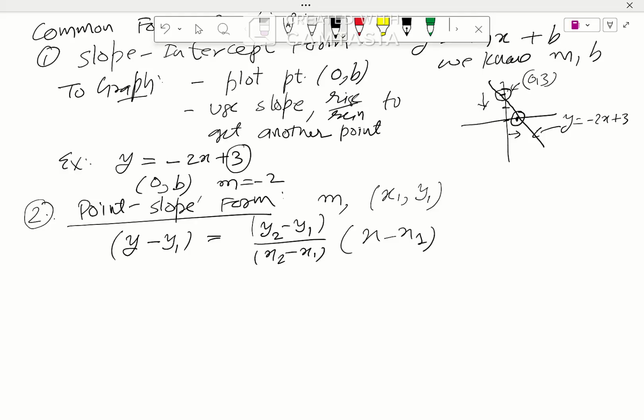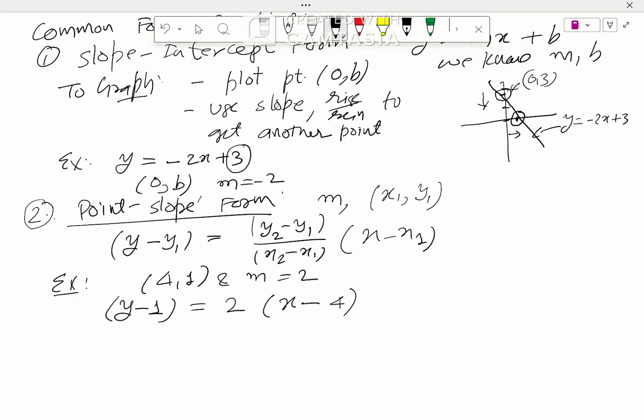Let's take an example. We have to write an equation of a line which passes through 4, 1 with m is equal to 2. We can quickly do that. So y minus y1, which is y minus 1, is equal to the slope 2 into x minus x1, which is x minus 4.